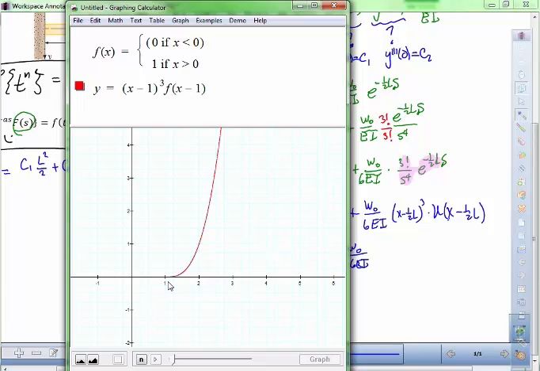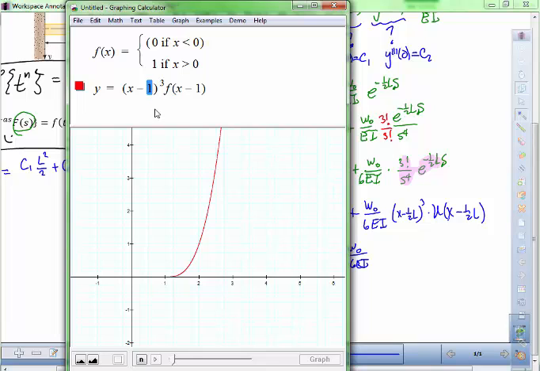So I'd like to say that that's 0. I don't know if that's enough of a proof that it's 0. But the derivative is 0 and the function itself is 0 at x is equal to 1.